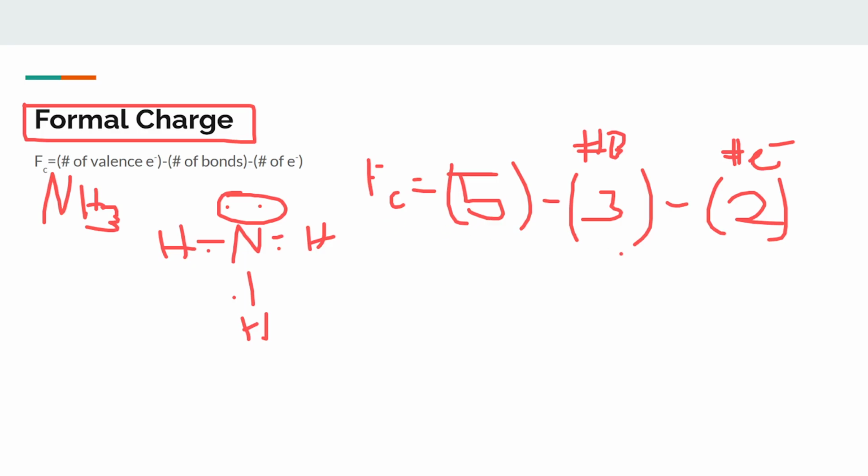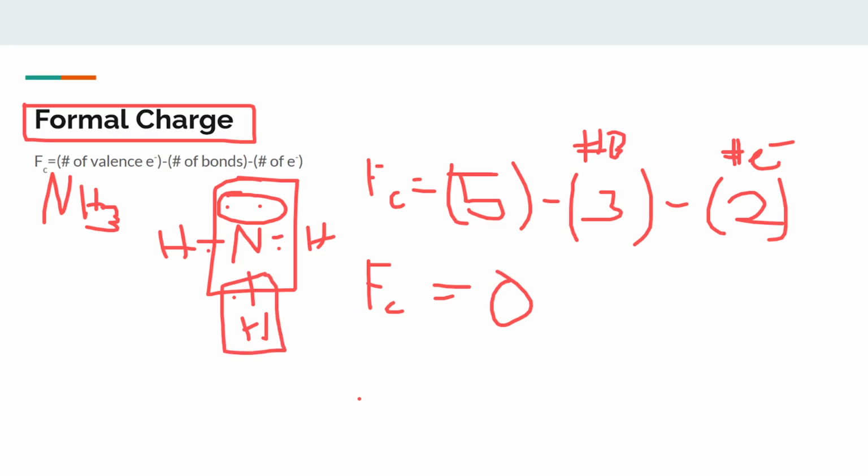And so we will come out to a formal charge on this nitrogen, and only this nitrogen right here, that's all we're checking for, will be equal to 0. We can also check it for these hydrogens, but hydrogen only has 1 valence electron, so if it's bonded at all to anything, it'll just be 0. So if we see a hydrogen, we don't need to worry about it.